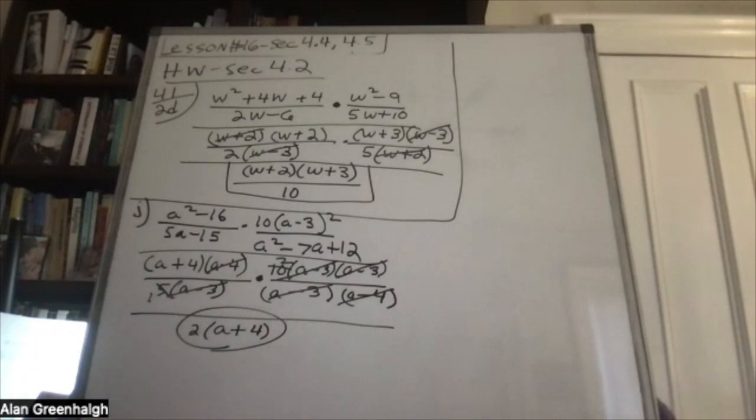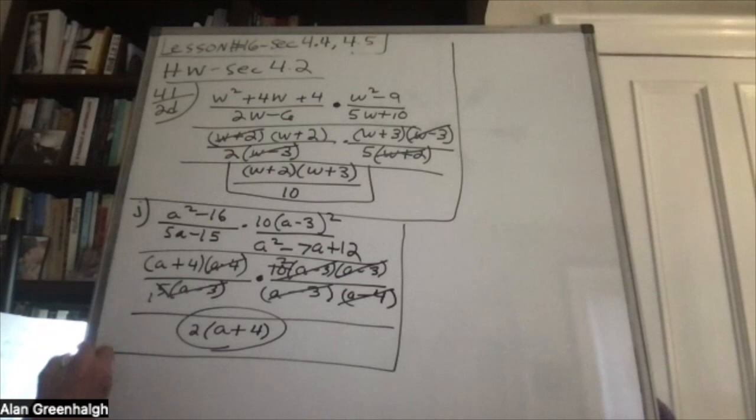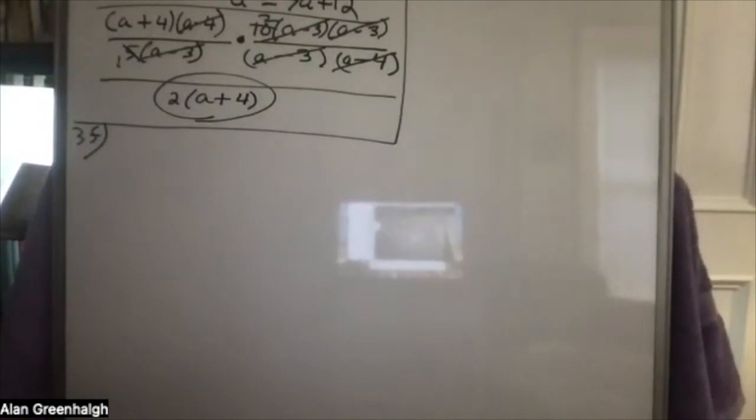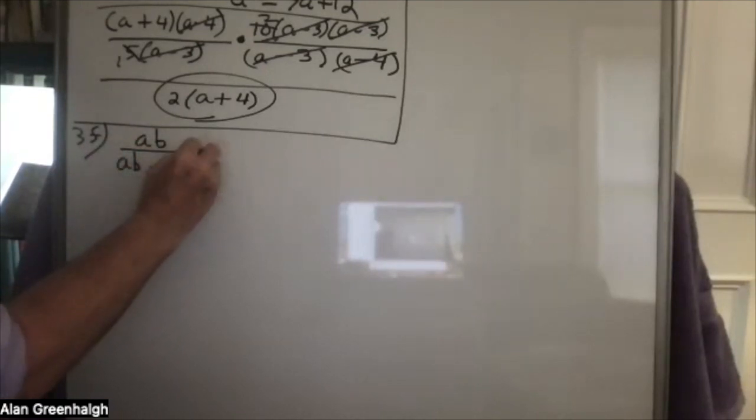Unless I made a mistake, and you're welcome to point that out, that appears to me to be the answer to the question. Moving on to problem 3F on the same page. AB divided by AB minus 3A.